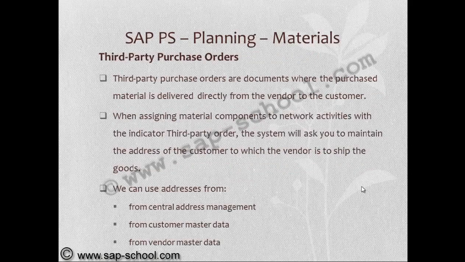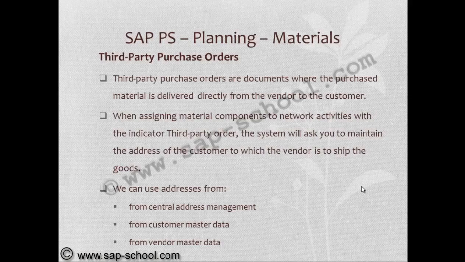Third-party purchase orders. Third-party purchase orders are documents where the purchased material is delivered directly from the vendor to the customer. That means we are not directly taking it into the warehouse inventory stock. When assigning material components to network activities with this third-party order indicator, the system will ask you to maintain the address of the customer to which the vendor is to ship the goods.